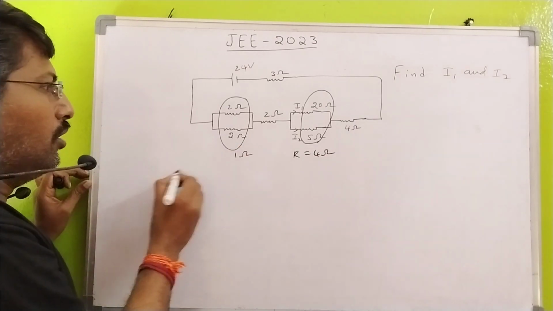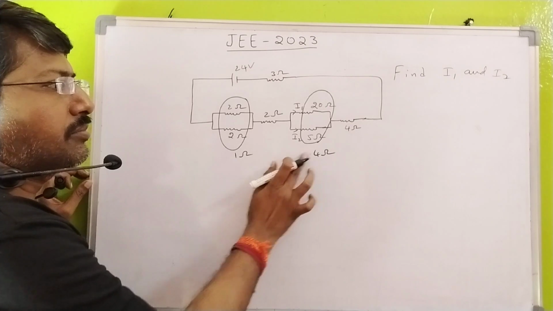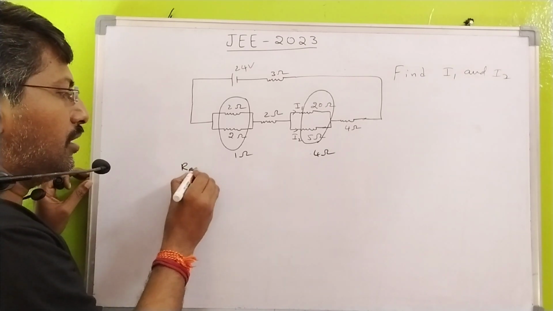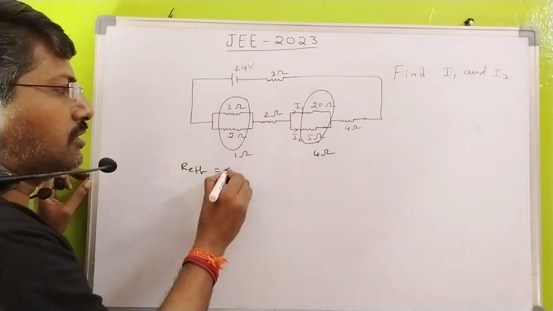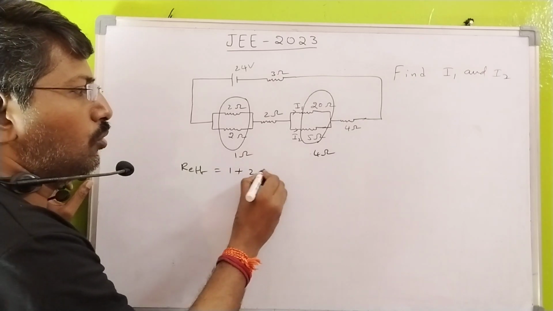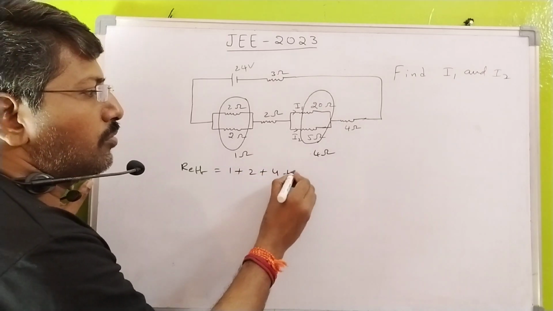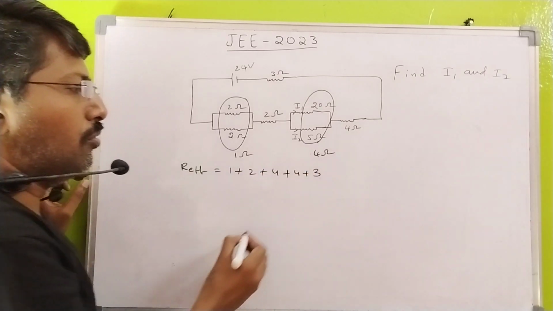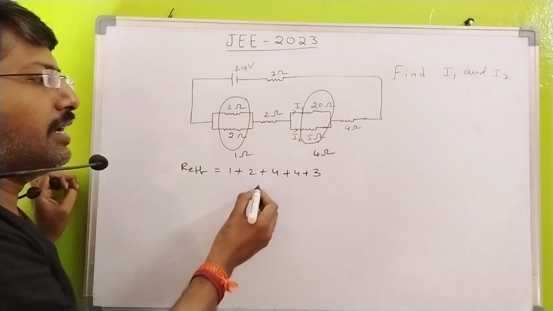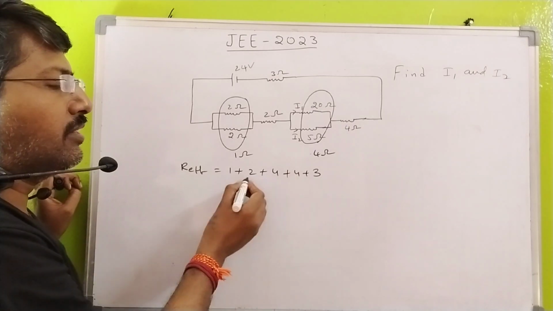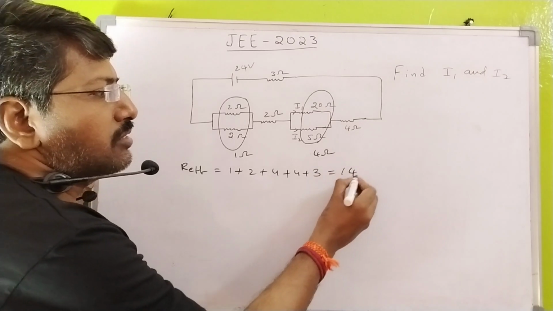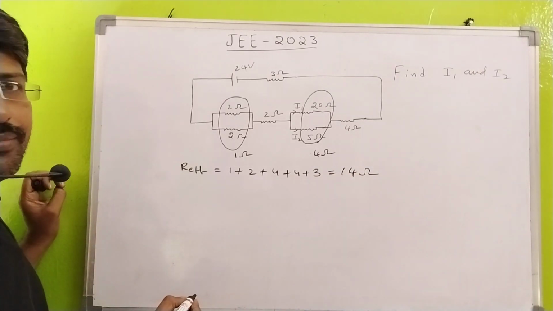Okay. Now effective resistance: 1 ohm, 2 ohm, 4 ohm, 4 ohm, 3 ohm. So if you calculate here, this is 4, 8, 10, 14. So that means 14 ohms.